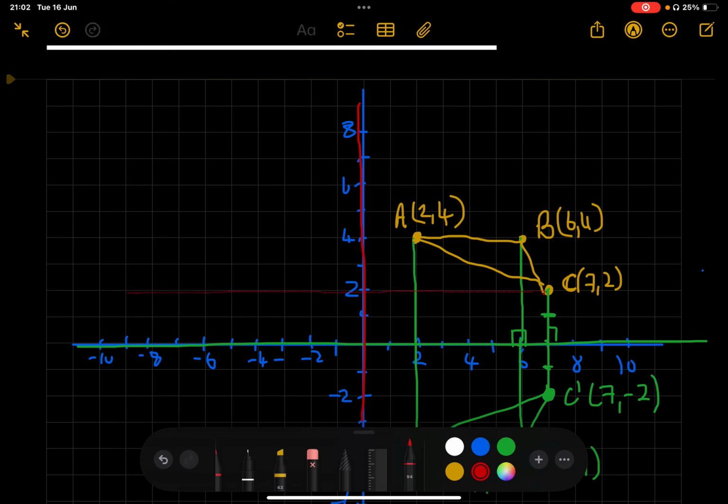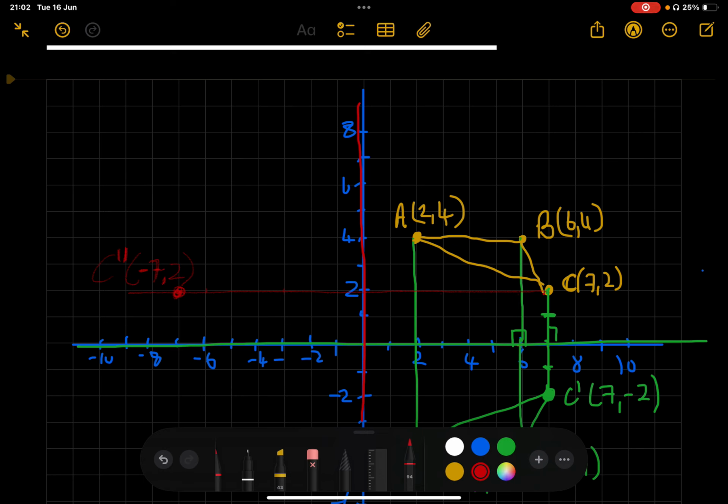So we're going to go like this, and this was a length of 7, right? 1, 2, 3, 4, 5, 6, 7. So here we should go 7. Okay. So this is C prime prime. And we see the x value is minus and the y value stayed the same.